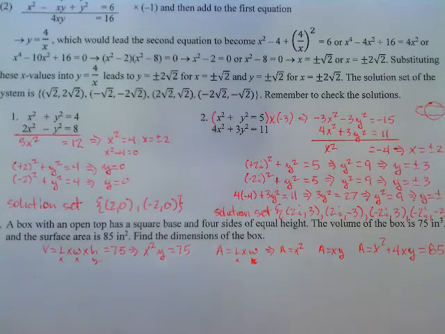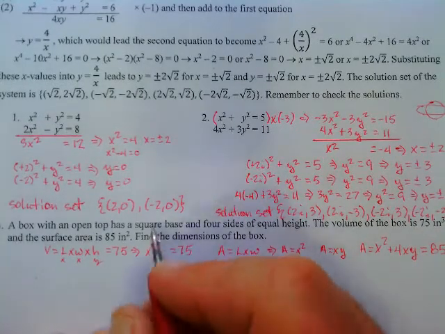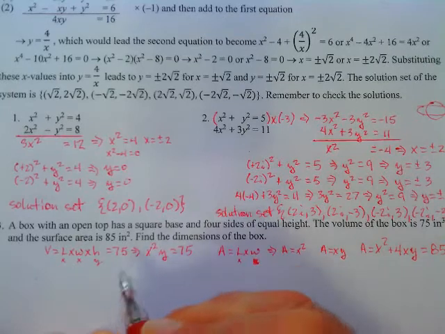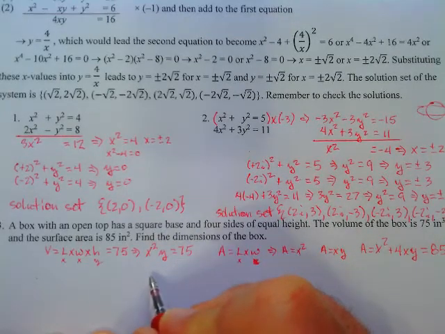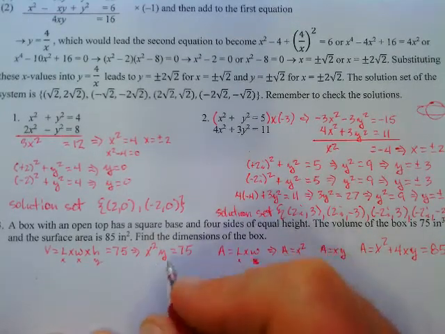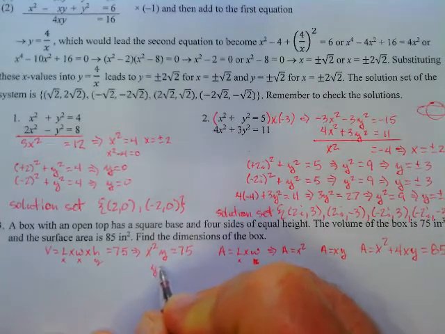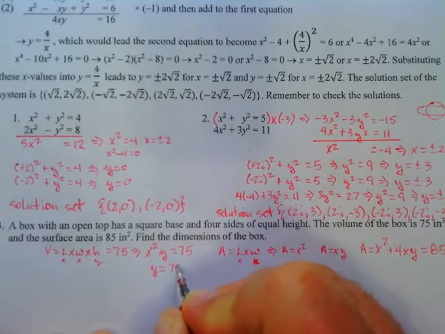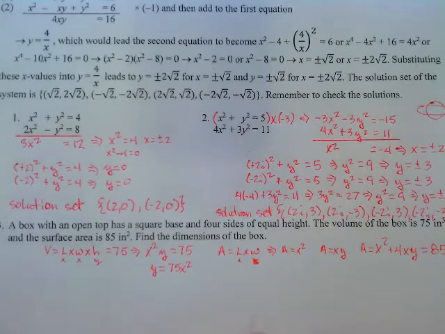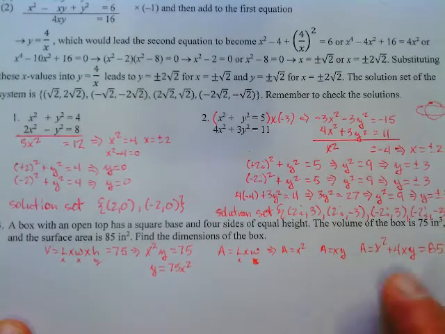And so now we have our 2 equations. x squared y is 75, and x squared plus 4xy equals 85. So let's take this one and change it around so that y equals 75 over x squared. And then we're going to do that substitution into the other equation.